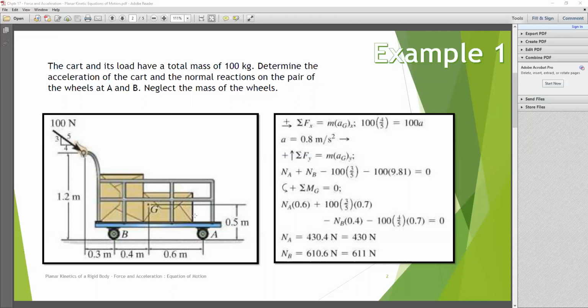Okay, and to simplify the problem, we neglect the mass of the wheels.